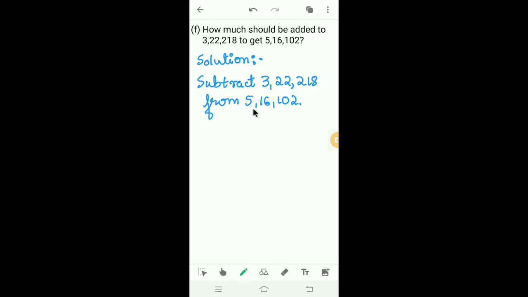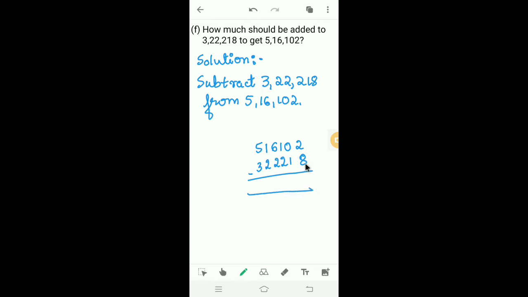Always we should subtract the smaller number from the greater number. So first we should write 5,16,102. So 2, 0, 1, 6, 1, 5. Next we should write 3,22,218. 8, 1, 2, 2, 2, 3. 2 minus 8, is it possible to subtract?